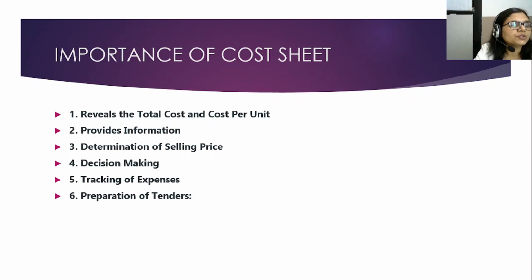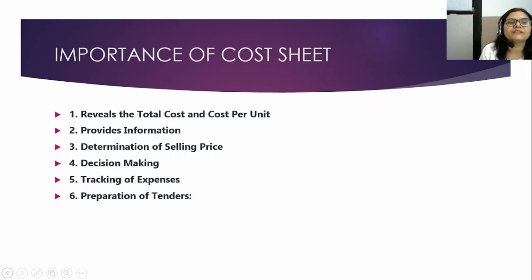The cost sheet shows the cost incurred in the production of a product at every production level. This includes the cost of raw materials used, wages paid to laborers, cost incurred in the administrative works, and cost of selling and distribution.